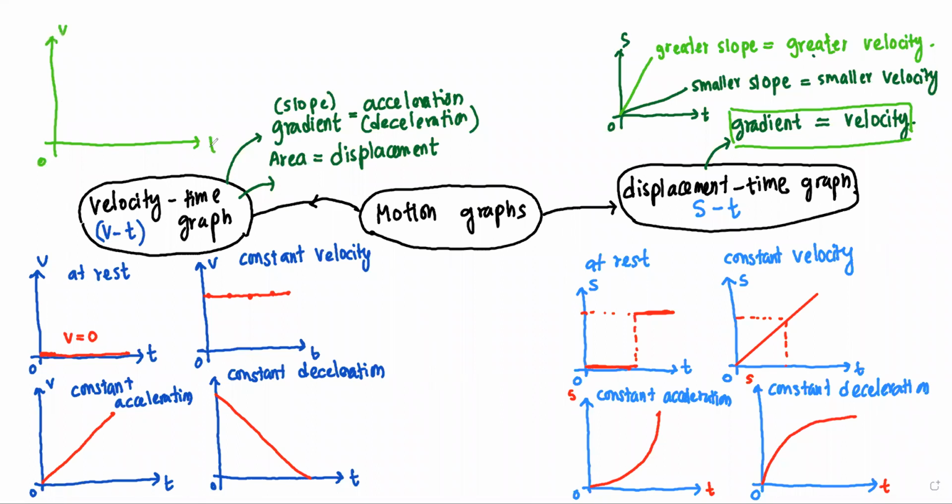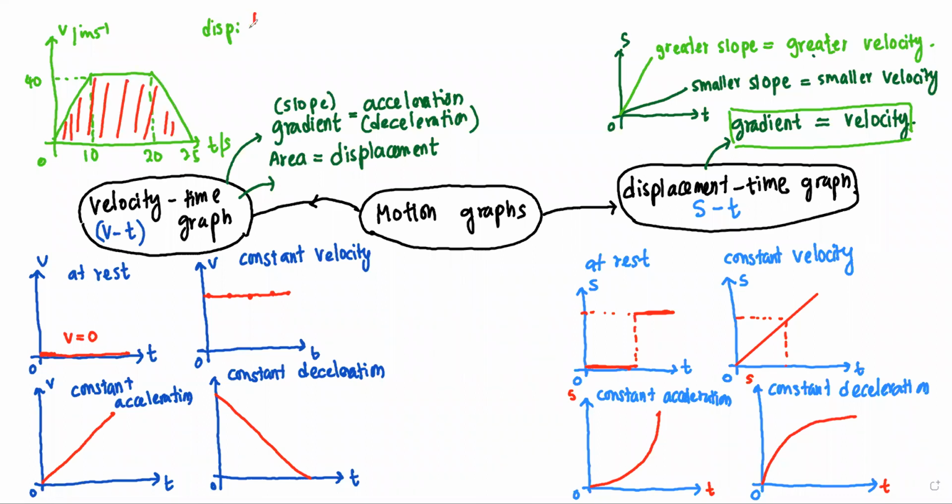A VT graph, velocity time graph, and it shows values like 10, 20, 25, 40 meters per second and seconds. So now in a question, if they ask you to find the displacement of the whole journey, you have to calculate the area under the trapezium given here.